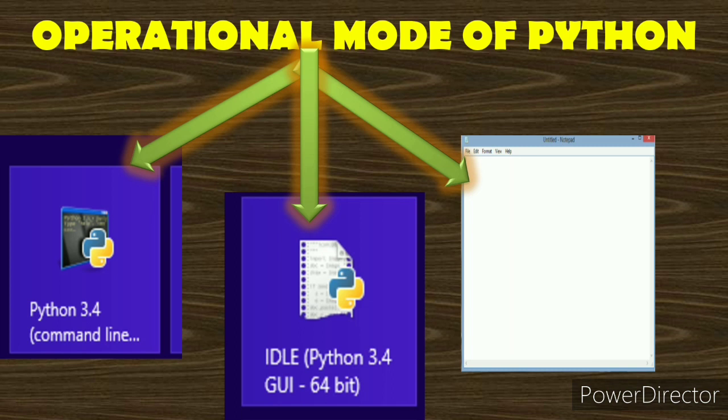In number two, a dedicated editor provided by IDLE, the integrated development environment of Python, so that you can write a collection of statements to work as a program and run it in one go. And the third is the general editor, not a dedicated editor, that is Notepad. You write whatever commands you want for a particular dedicated purpose as a program, sequentially written as per the logical sequence, and then save it with the .py extension.